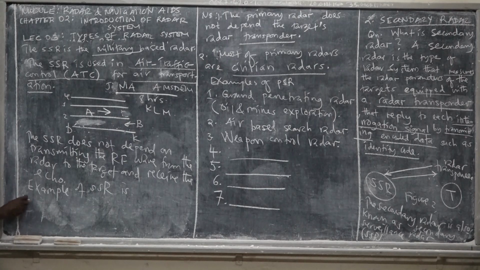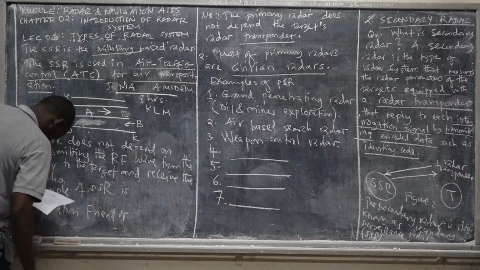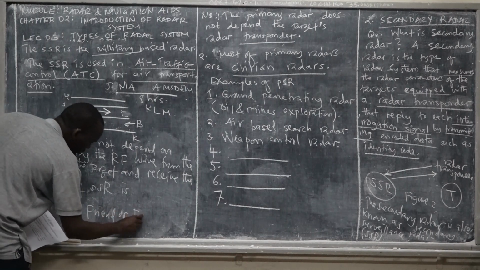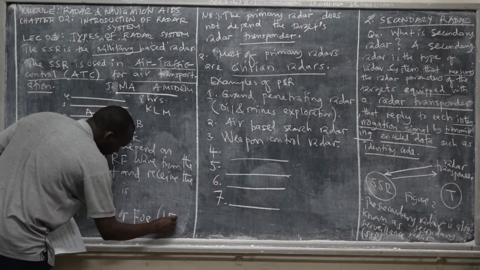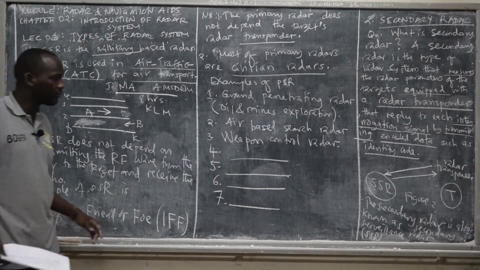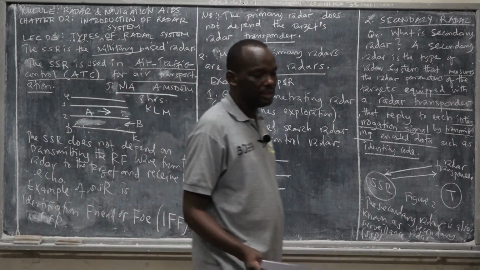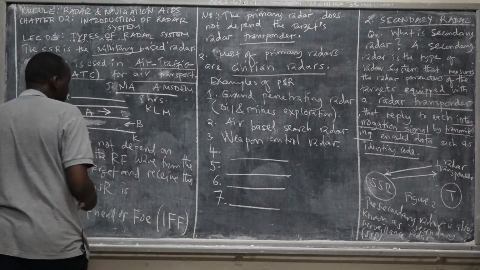It's called identification, friend or foe. In short, we call it IFF radar, or secondary surveillance radar. Say identification, friend or foe. Again, say identification, friend or foe.